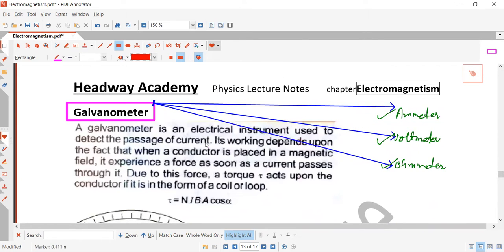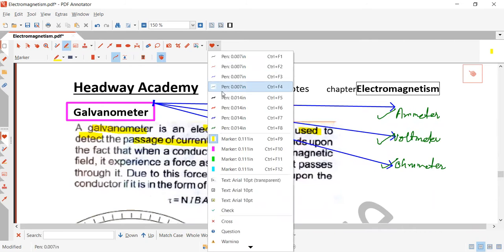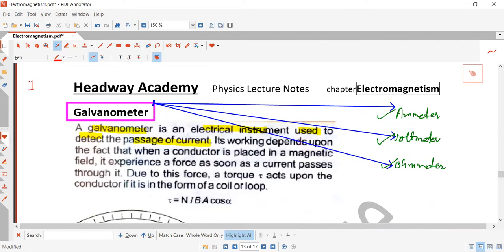A galvanometer is an electrical instrument used to detect passage of current. And using that current we are going to measure voltage and we are going to measure resistance as well, because R is itself equal to V by I. We all know that, right, students?